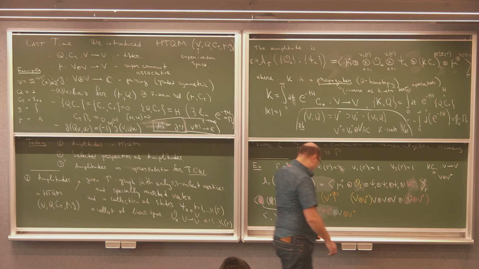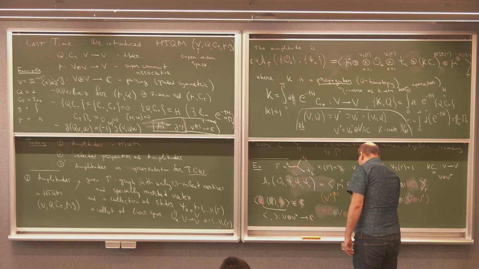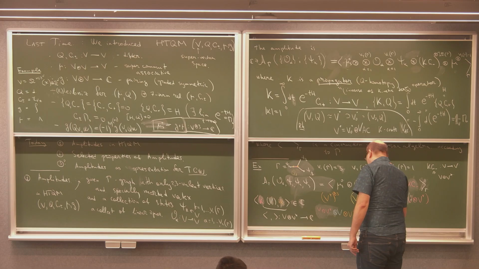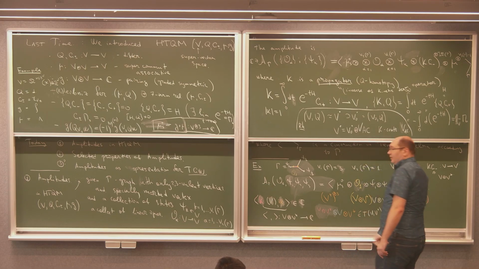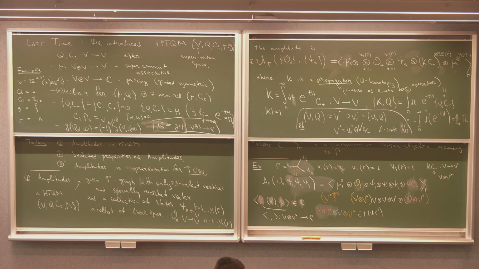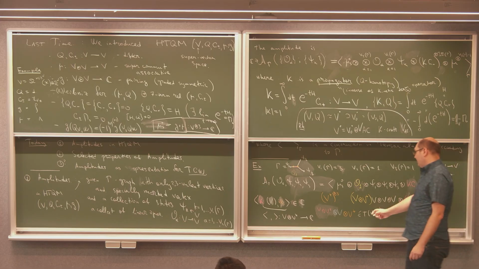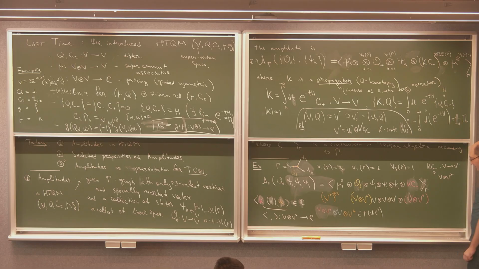This tensor product is an element of a tensor algebra constructed from arbitrary tensor powers of V and V star.